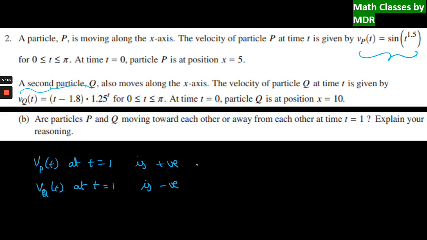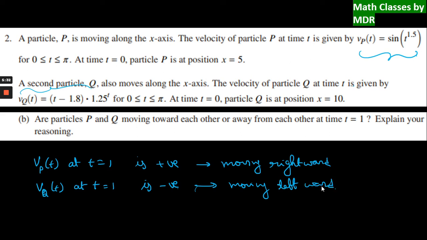That means P is moving rightwards and Q is moving leftward, so the particles are moving toward each other. Therefore, P and Q are moving toward each other.